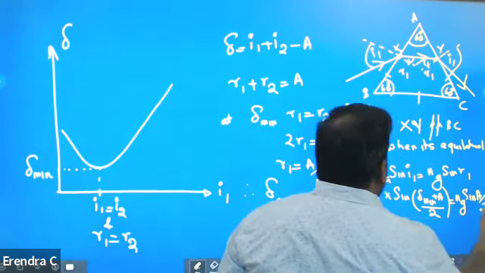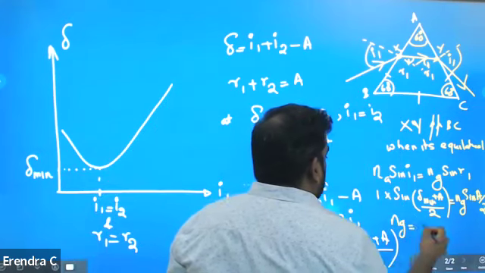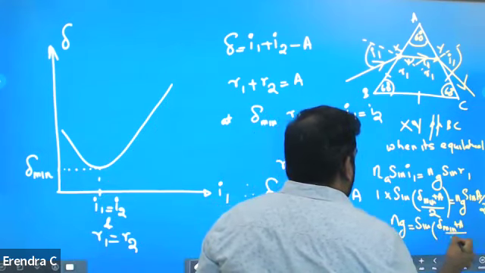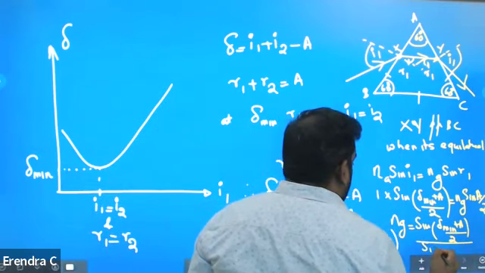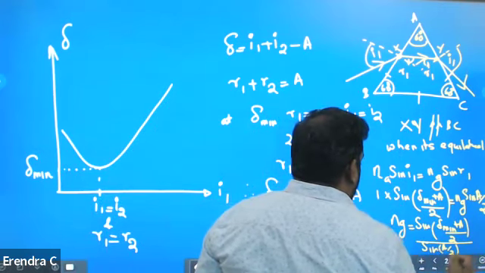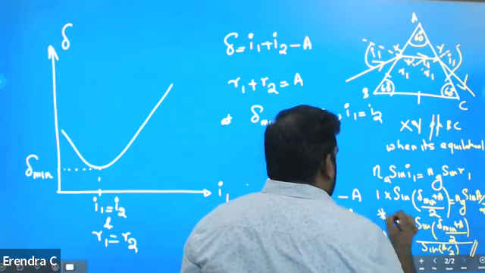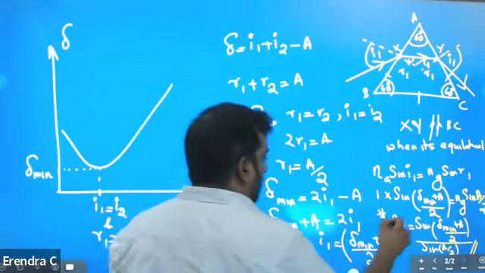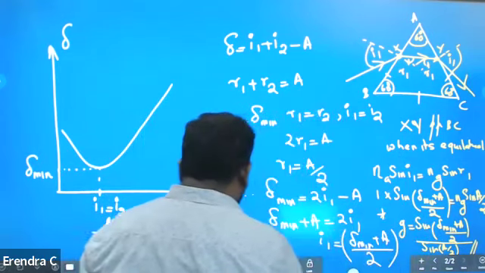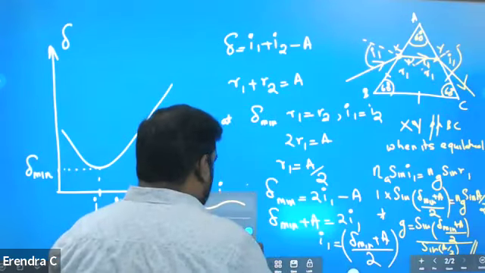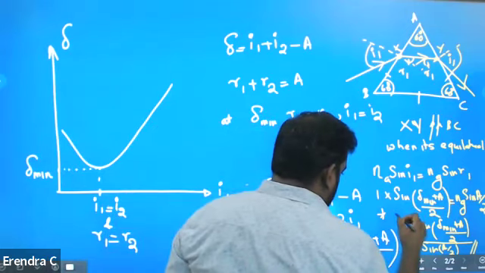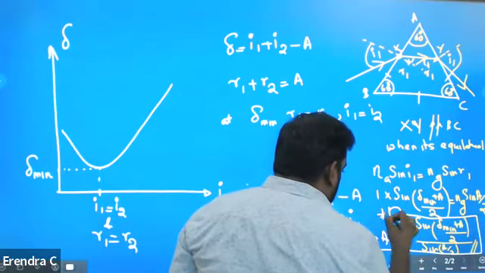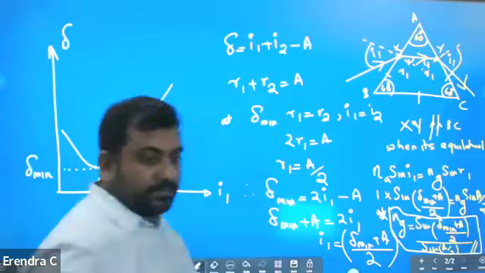A divided by 2. So n_g is equal to sine of (delta minimum plus A) divided by 2, over sine of A divided by 2. There you go. That is another relationship for the refractive index of the glass of a prism at minimum deviation. You can write it down.